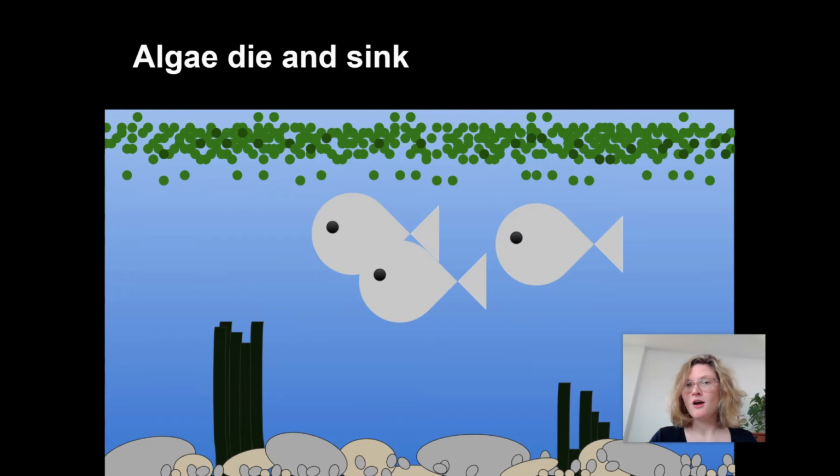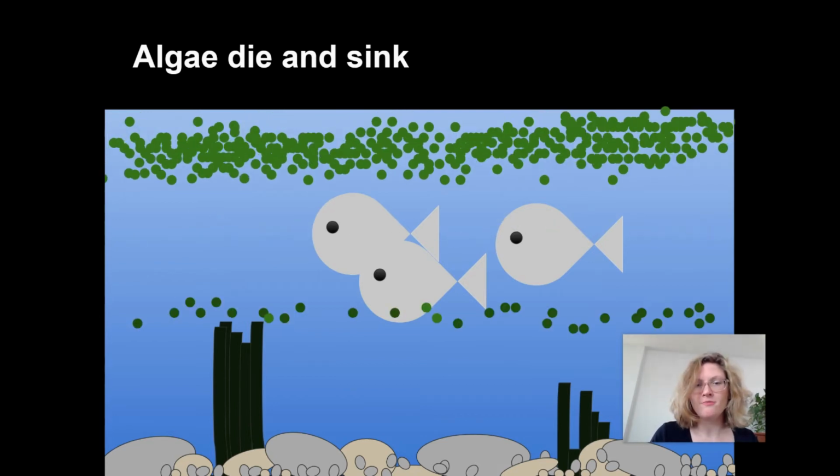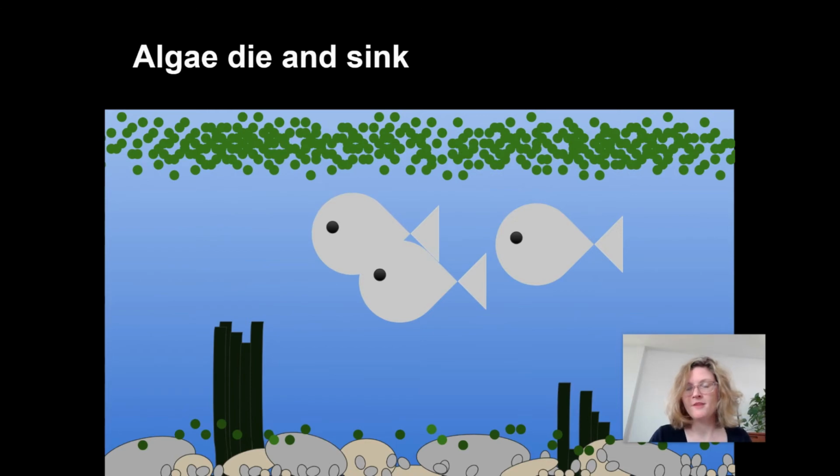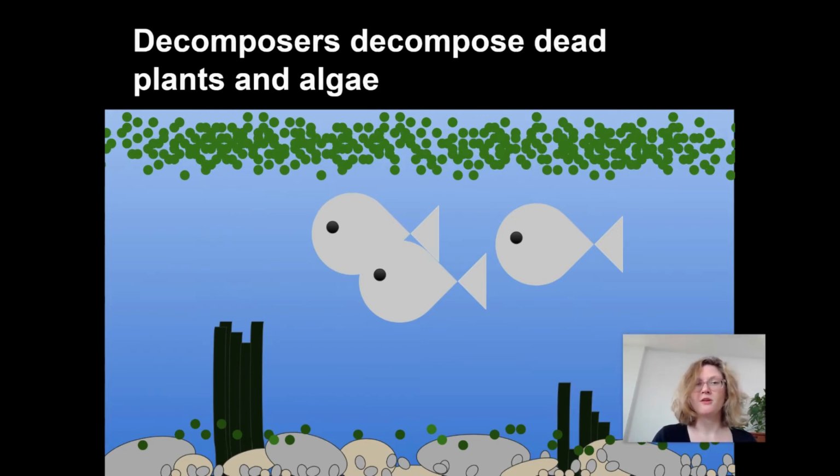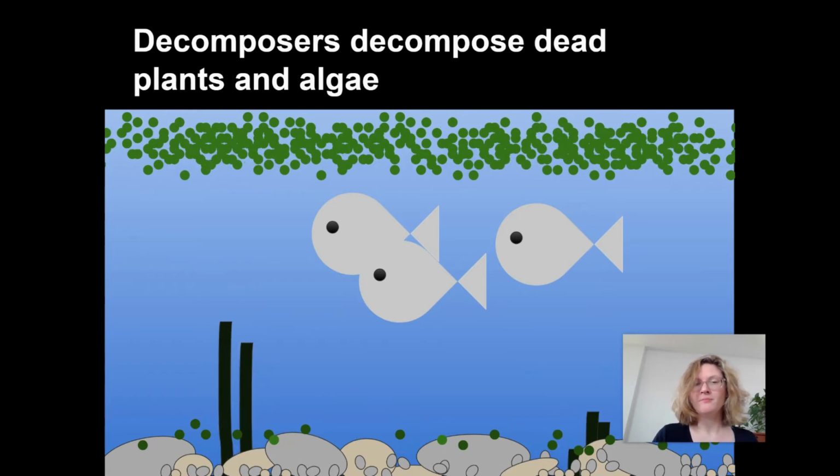But the real cause of the depletion of oxygen happens next. So some of the algae are going to sink and die just because algae don't live terribly long, and so they've lived their entire life cycle. Oh, we had a good life, but we're dead now. And this dead algae starts to feed decomposers who are like, nom, nom, nom, eating all of the dead plants and dead algae.